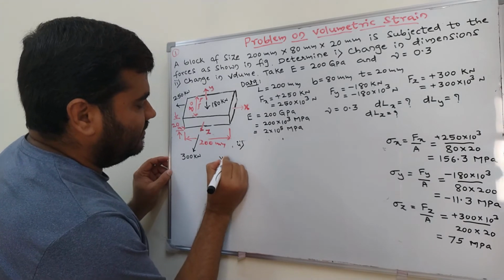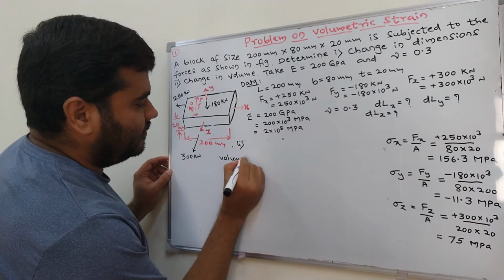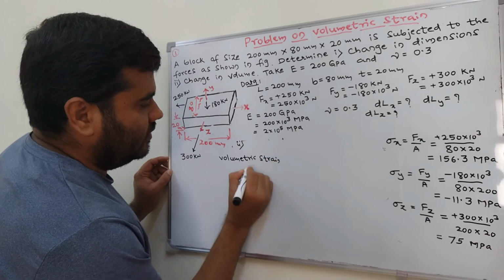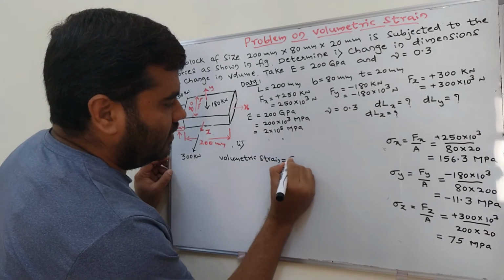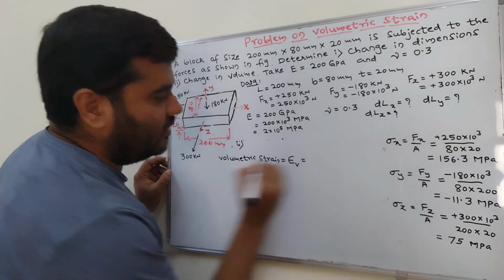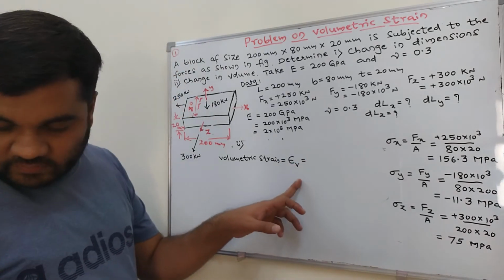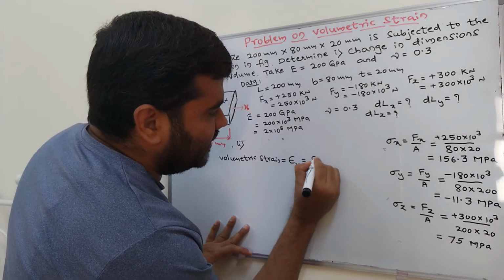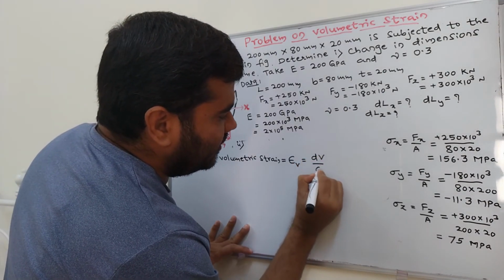The volumetric strain equals change in volume divided by original volume, right?